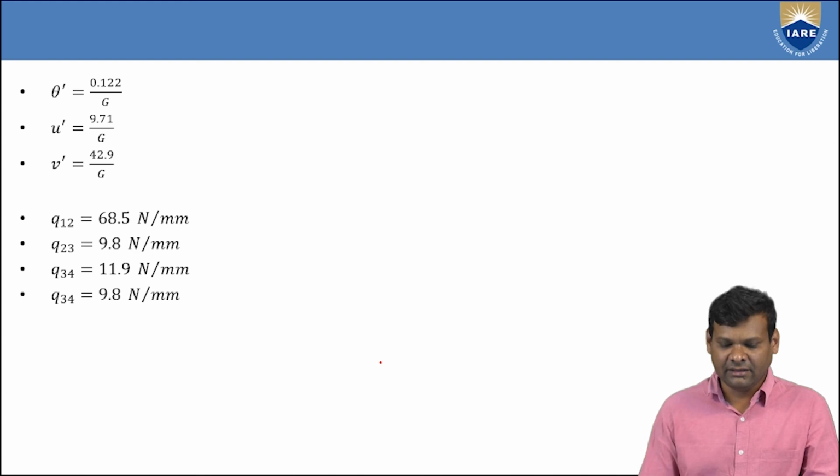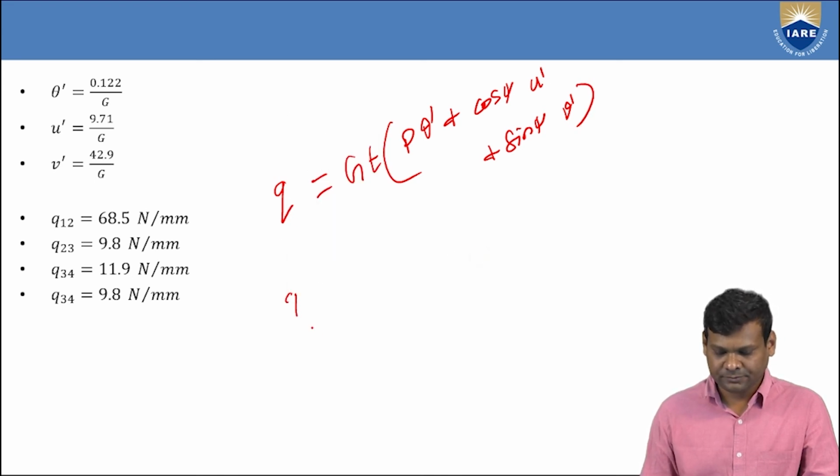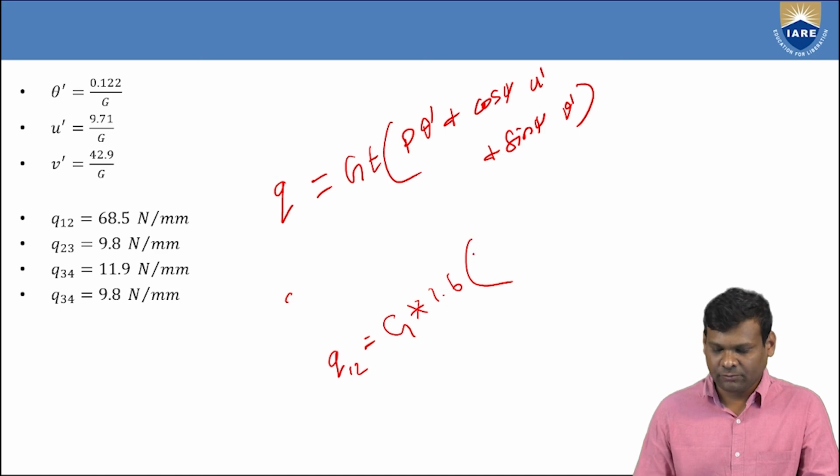And ultimately, what we know is q is equal to gt. This is p into theta dash plus cos phi u dash plus sin phi v dash, and for Q12, from the geometry what we know is that g is constant, and t is 1.6, and p is 0, that is theta dash.